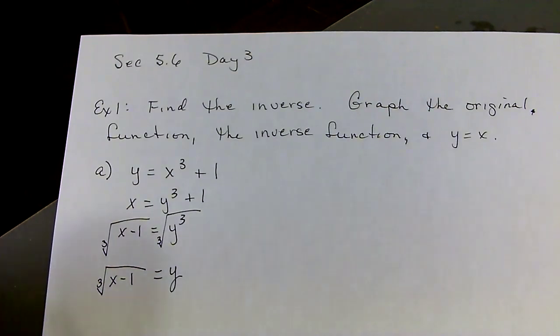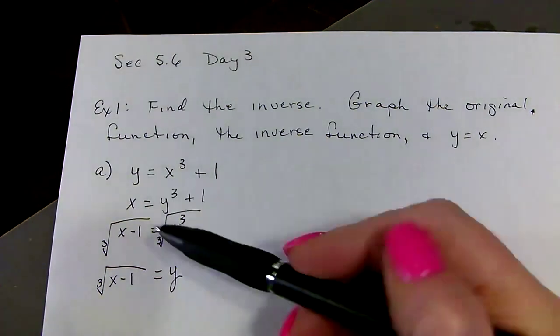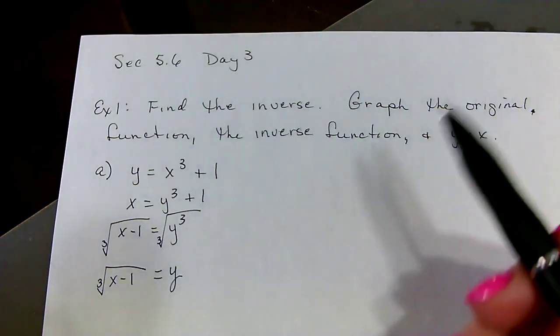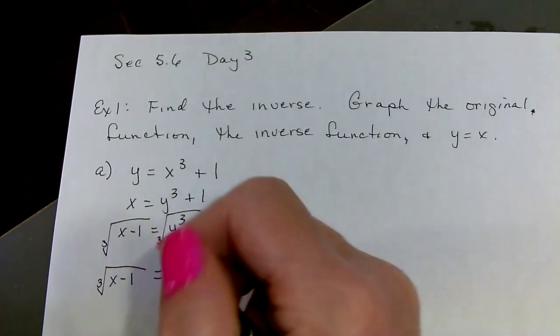Not very long ago in the same chapter, we looked at what the function, the cube root of x, looks like and what it would look like if it was x minus 1. I don't know if you remember all that or not, but this minus 1 is going to shift it to the right one, but this is going to become our inverse.